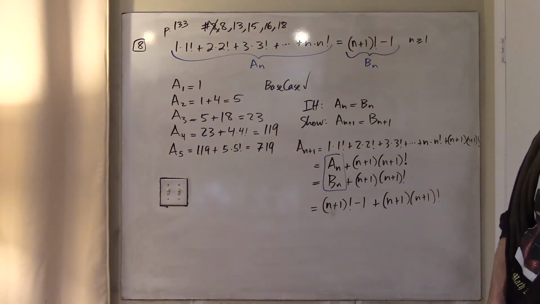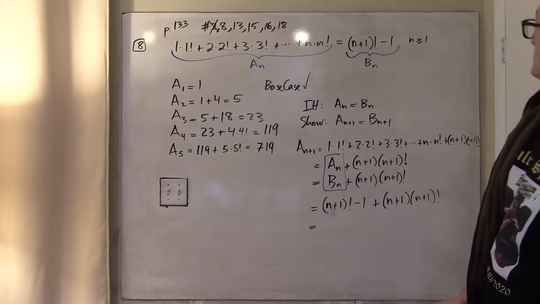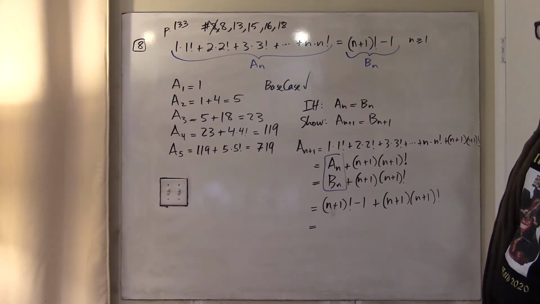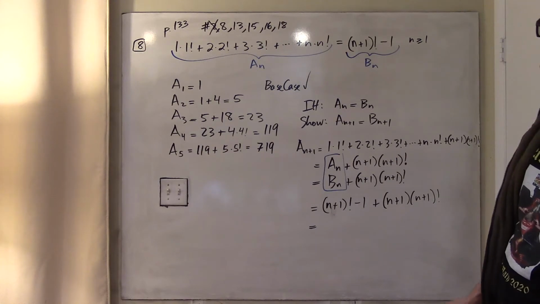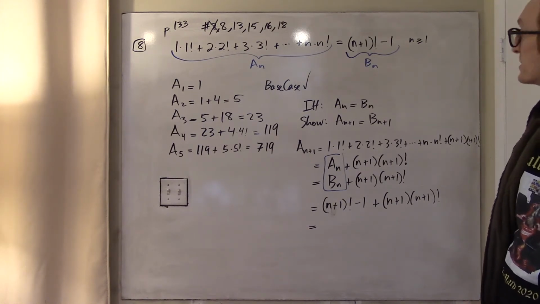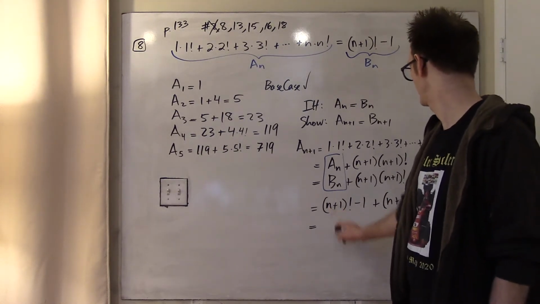And I guess what I'll do is just factor out an n plus 1. What am I doing? Minus 1. Did I do that right? b sub n is n plus 1 factorial minus 1. Sure, that's right. Of course it is.